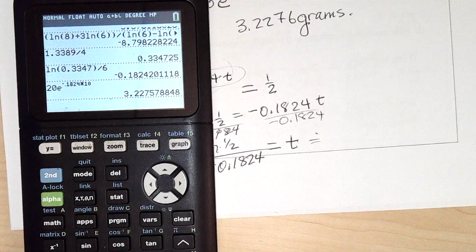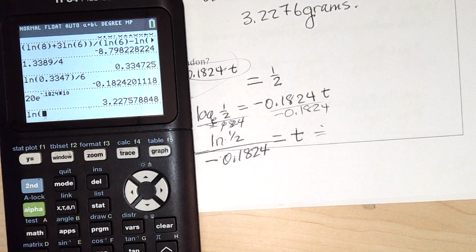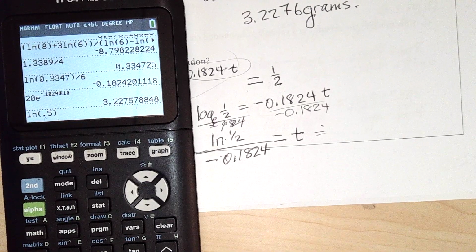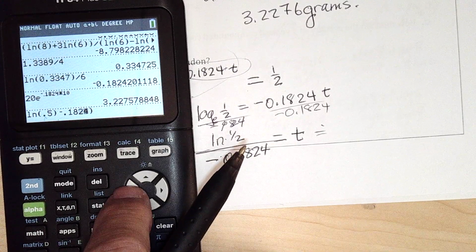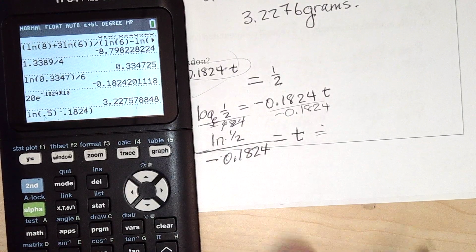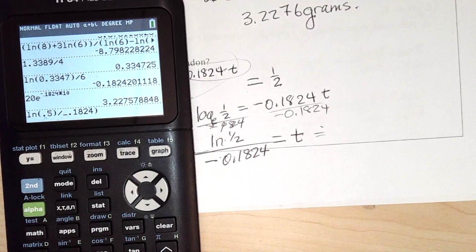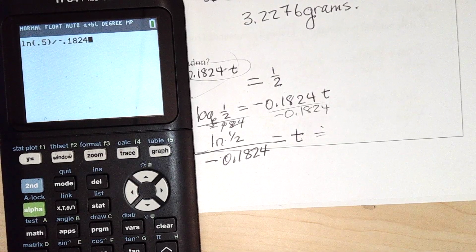These are real numbers for the real isotopes here. ln 0.5 divided by negative 0.1824. Oh, what did I put here? Forgot to put divided. Oh, what did I type in wrong?